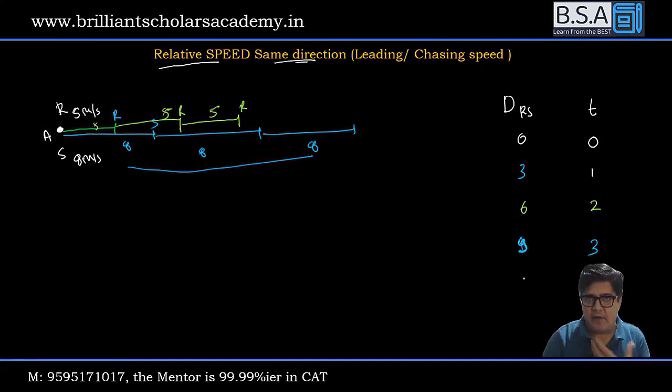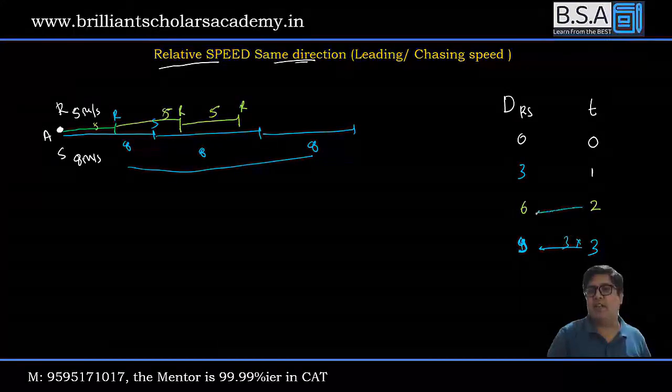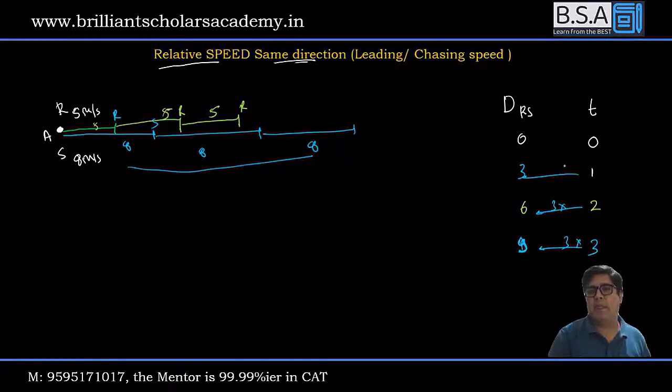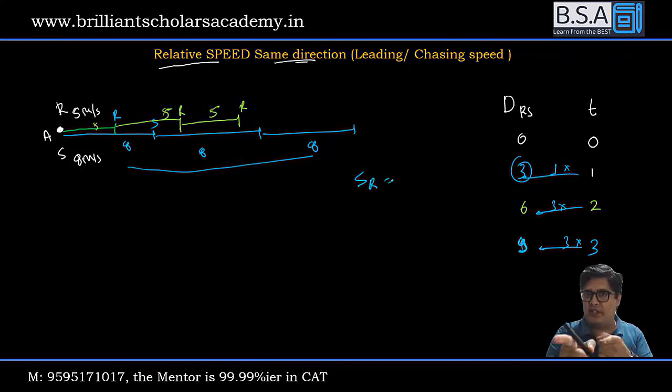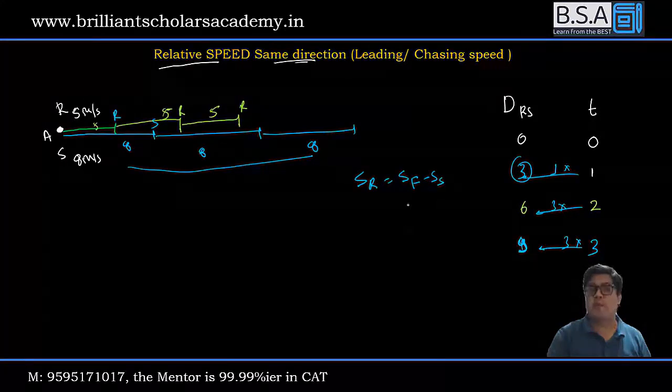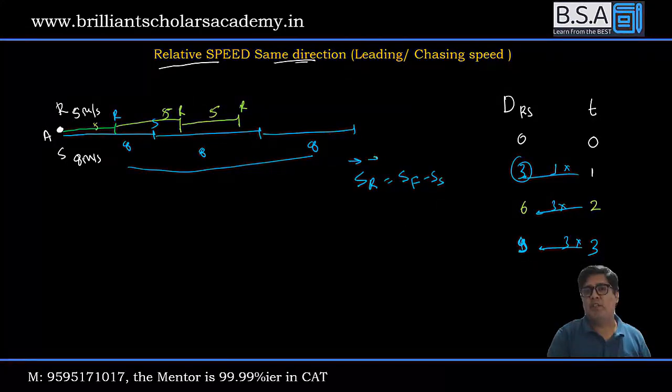So what I'm trying to teach you here is, if you are only interested in the gap among them, the gap is 3 times the time period. Where is that 3 coming from? That is called relative speed. When two people go in the same direction, it appears to be the speed of the faster minus the speed of the slower person. When people go in the same direction, speeds are subtracted.